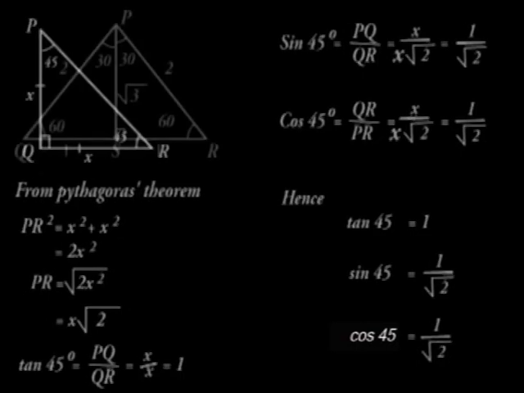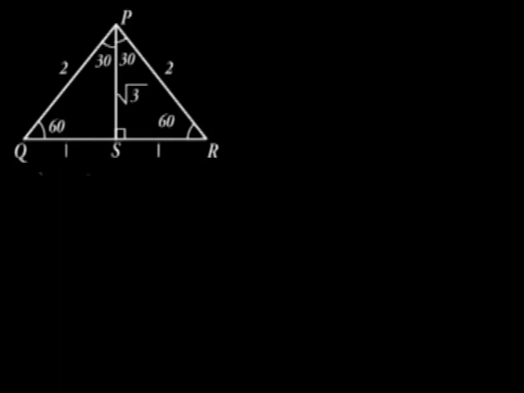Now consider an equilateral triangle below. PS squared is equal to PR squared minus RS squared. That is 2 squared minus 1, which is 3. PS is equal to root 3.